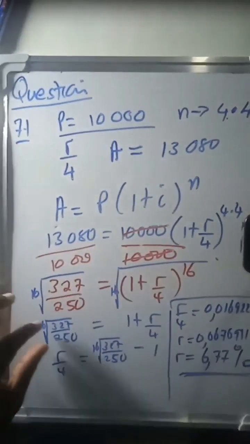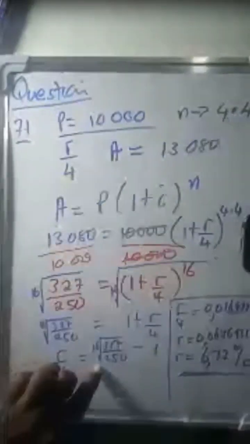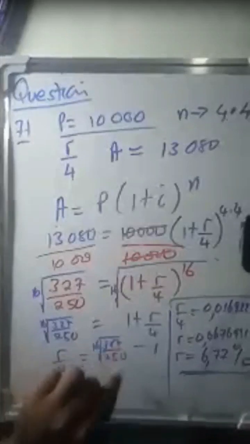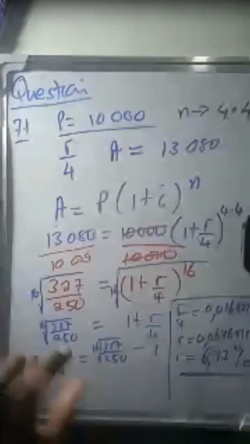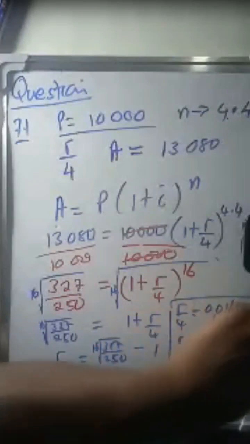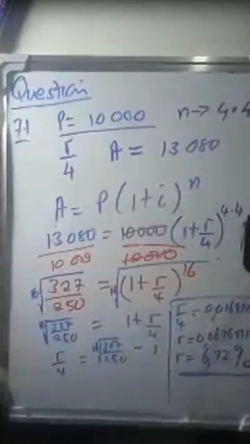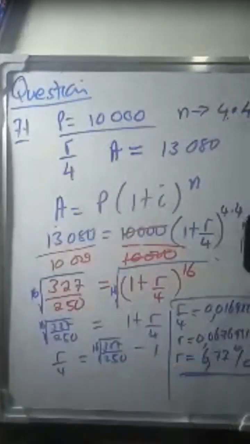We have taken 1 across so that we are left with r over 4 equals the 16th root of 327 over 250 minus 1. We punch this in the calculator, it gave us that one. You have to write all of it. Then we multiply by 4, then by 100, and we got the answer. Guys, any questions?